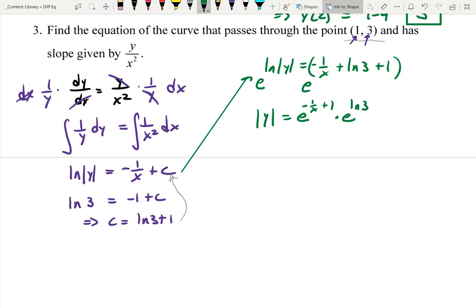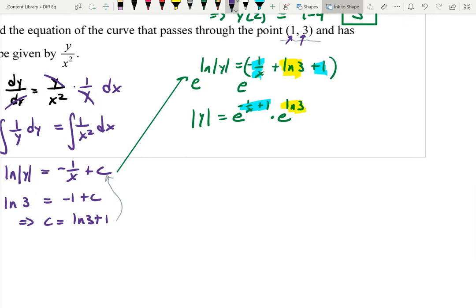Now, all that I've done there is I've kept the negative 1 over x and the 1 in the exponent, but then that ln 3, instead of leaving it in there, which I could have, I've decided to write it this way instead. And so what I'm using, let's go off to the side here, is this idea that e to the x times e to the y is equivalent to e to the x plus y. Therefore, if you have a sum inside an exponential function, you can write it as the product of e raised to each term. And so that's what I've done here.